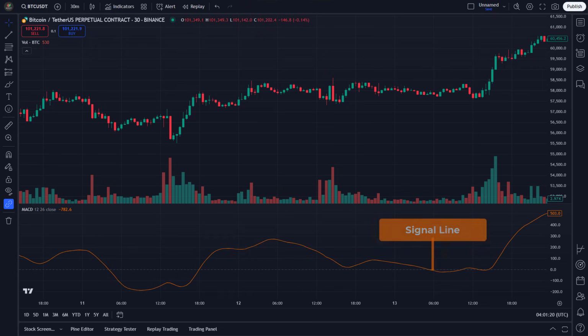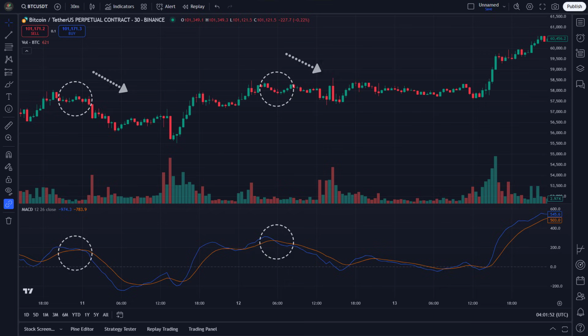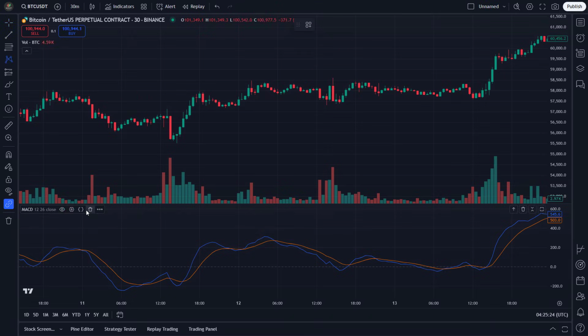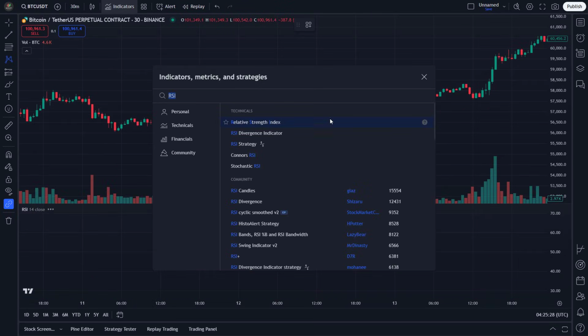Additionally, a signal line, which is the 9-period EMA of the MACD, is used to generate buy or sell signals. When the MACD line crosses above the signal line, it's considered a bullish signal, and when it crosses below, it's bearish.